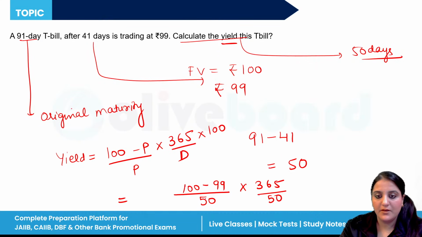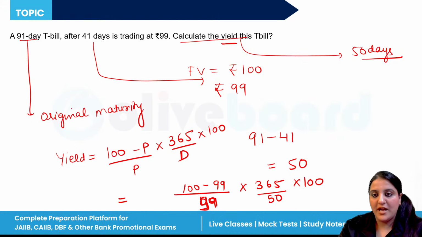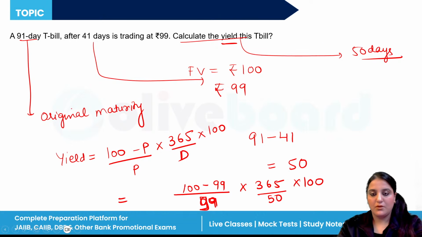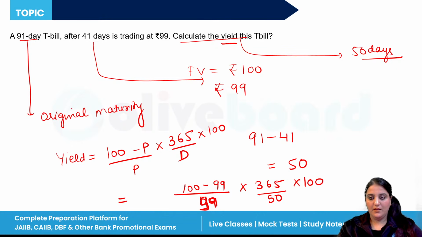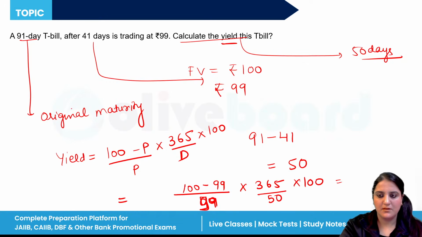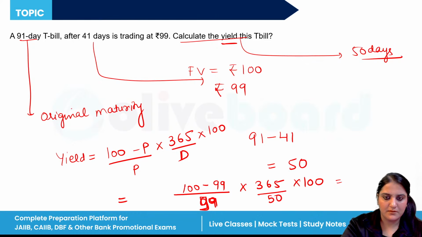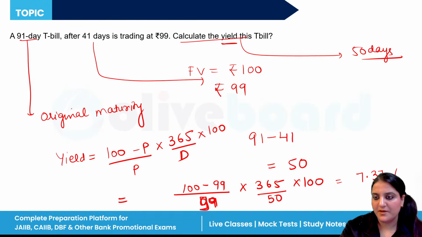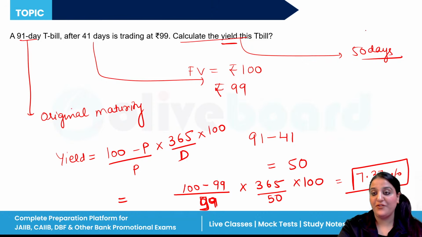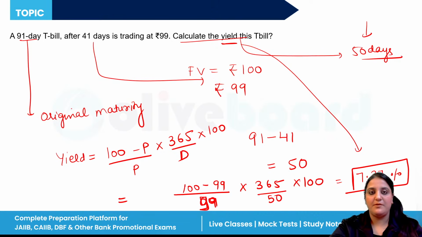Here D is 50, the time left to mature, and it should be multiplied with 100. Let me calculate this, yeah, 7.37%. This is the yield, not 50 days. 50 days is the time left to mature. So they are asking about the yield. This is the answer, 7.37%.